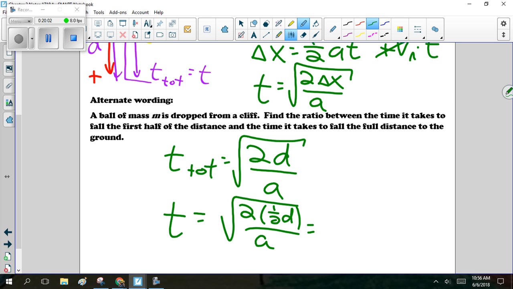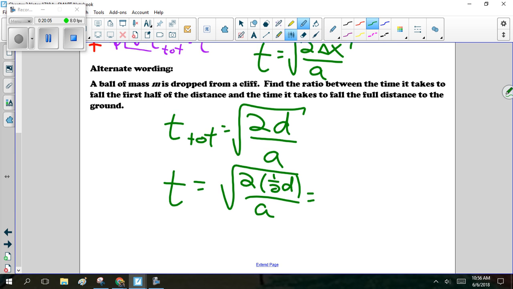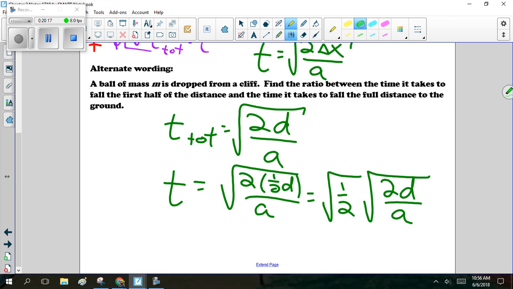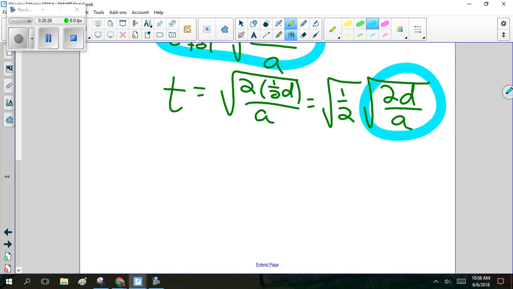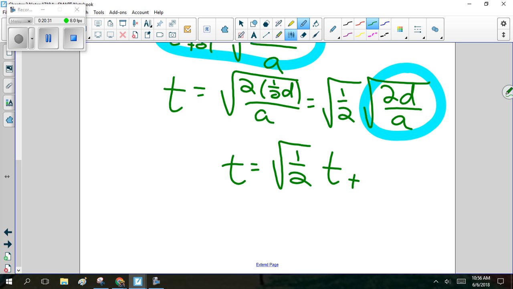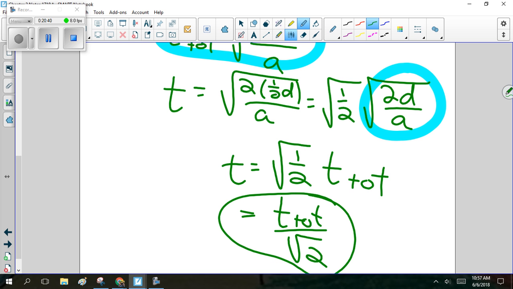So this is the exact same thing as the square root of 1/2 times the square root of 2d over a. And look, t total is the square root of 2d over a. So t equals the square root of 1/2 times t total, or, more simply, t total over the square root of 2. So there we go. No numbers.